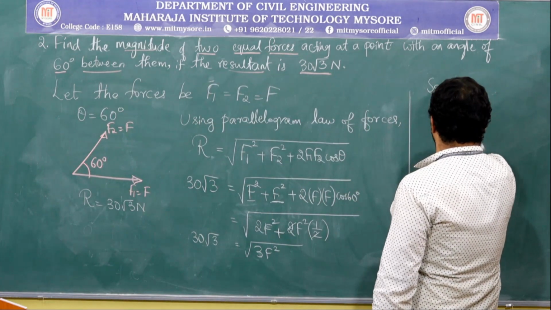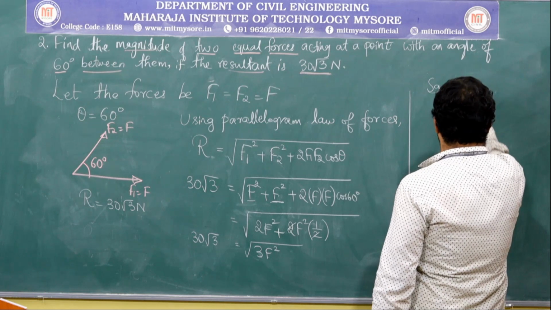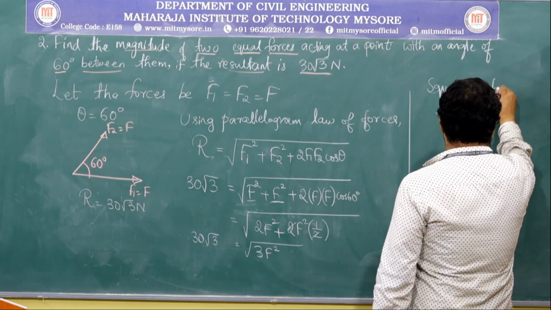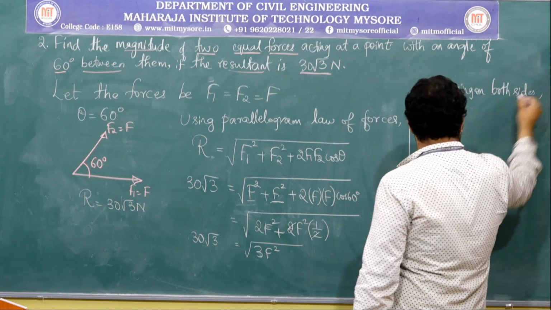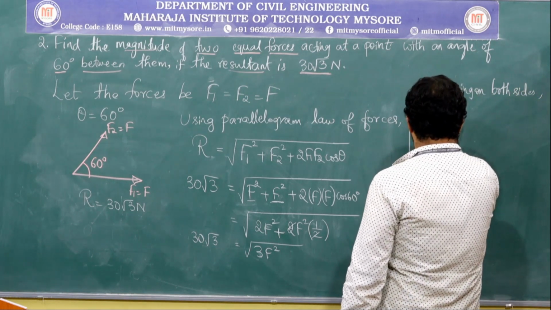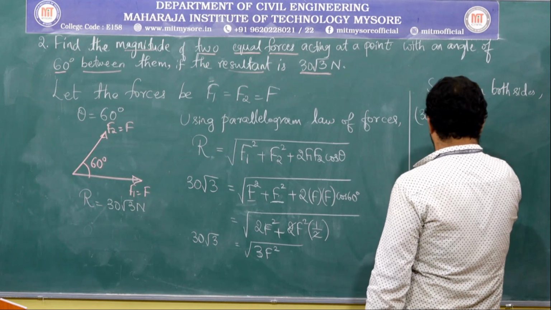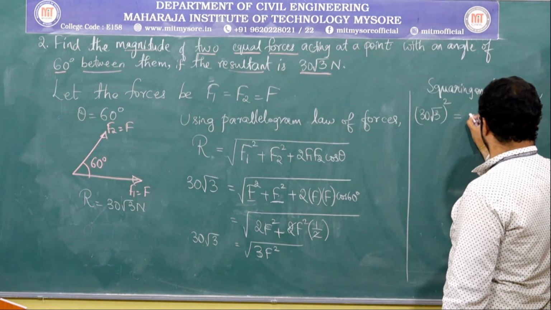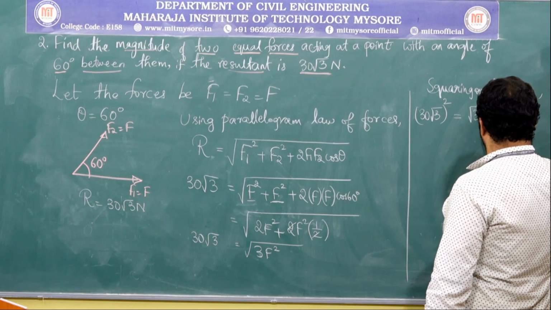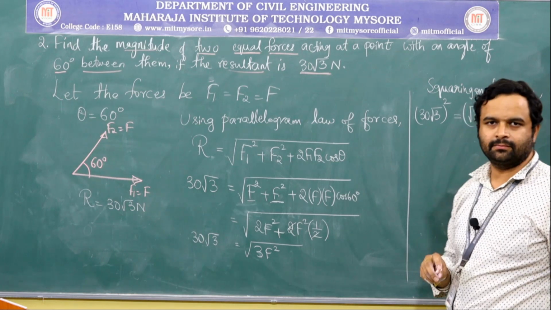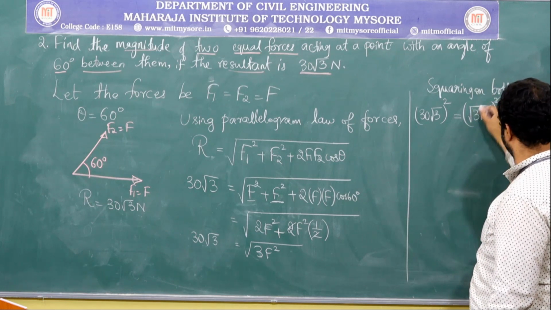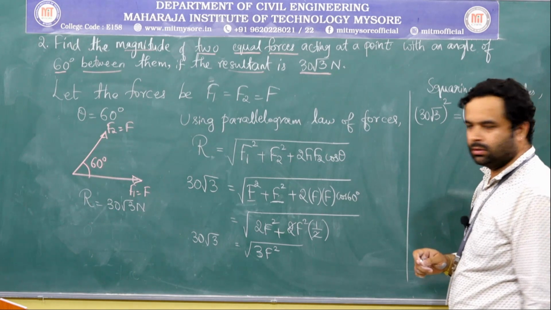So, I can write, squaring on both sides, we get 30 root 3 whole square is equal to square root of 3F square whole square. Now, I can cancel this square and this square root. Okay.